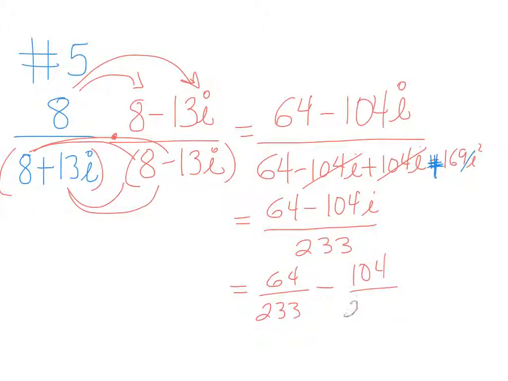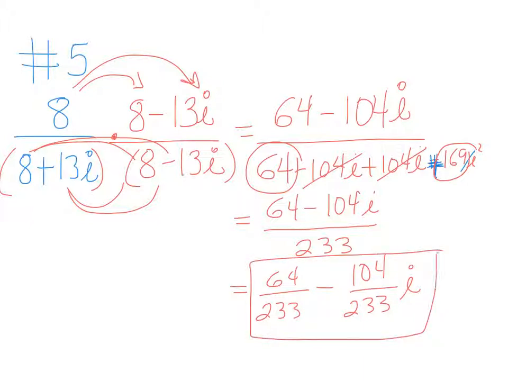When you combine the 64 with the 169, that is 233. And since you cannot simplify those fractions, that is the final answer. And that's number 5. Any questions on number 5?